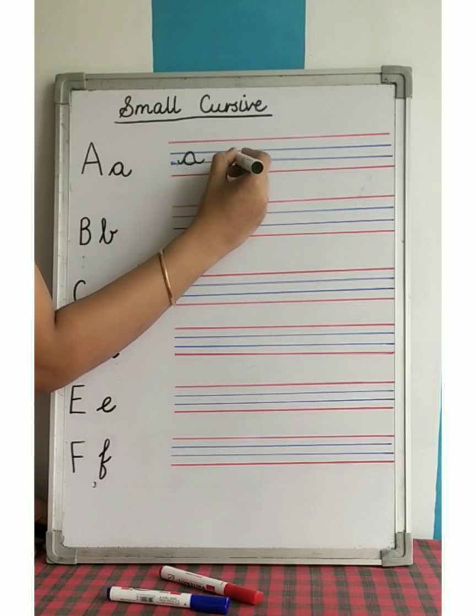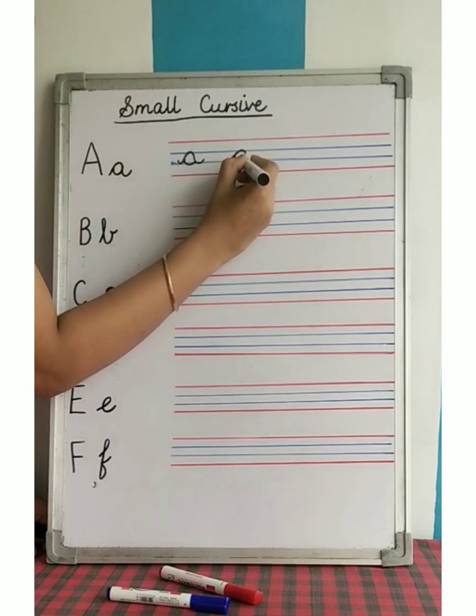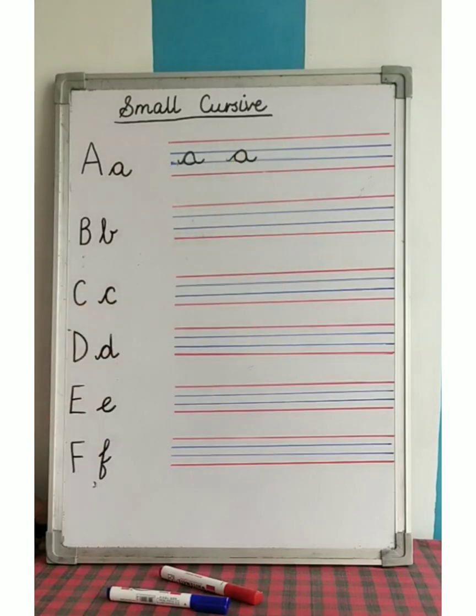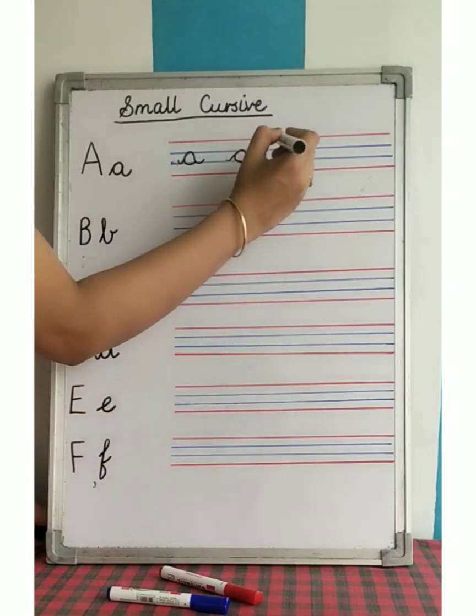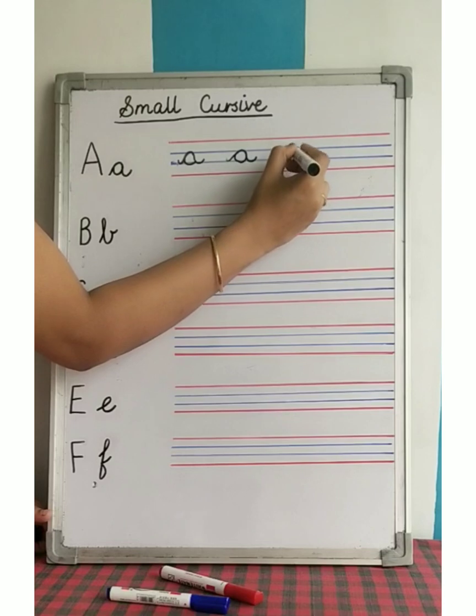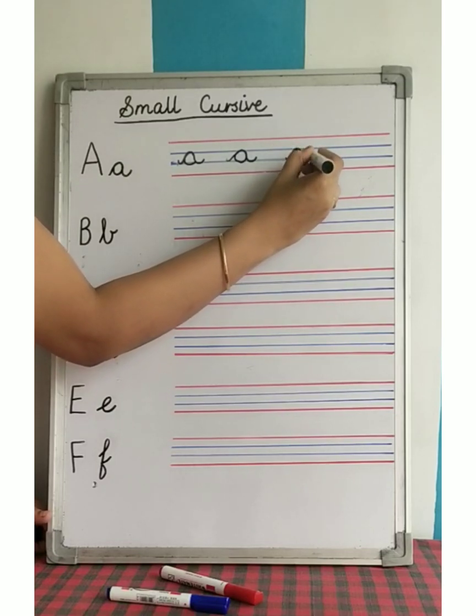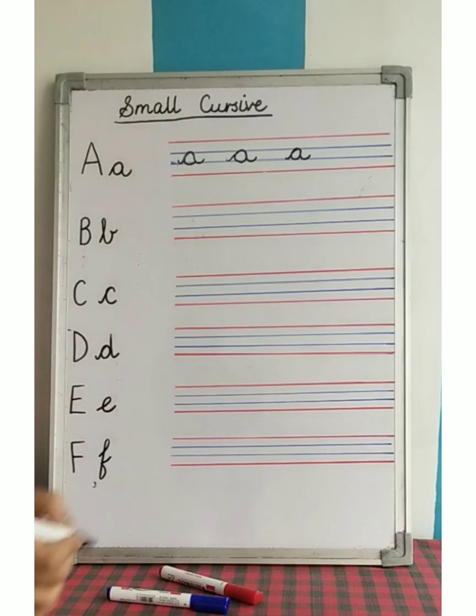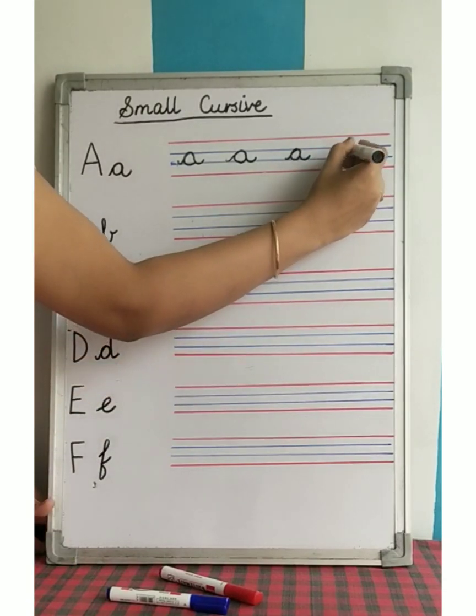Let us see it again. We'll make the pattern first and then we will join it and form a small tail like this. Let us see it again.